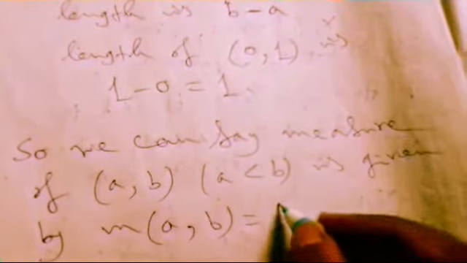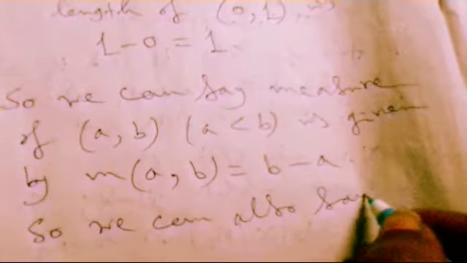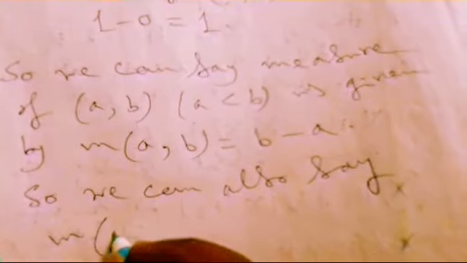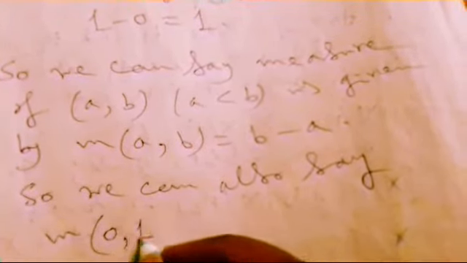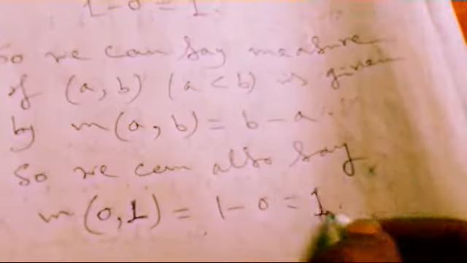It will be the length of the interval, that is b minus a. Also, the measure of (0, 1) will be 1 minus 0, that is 1.